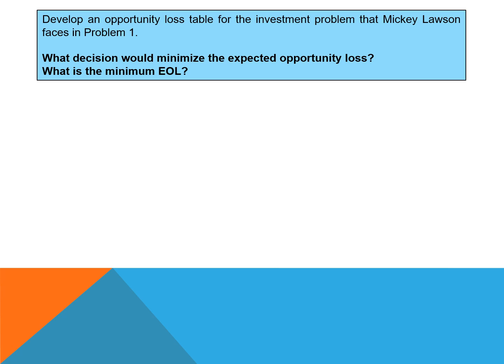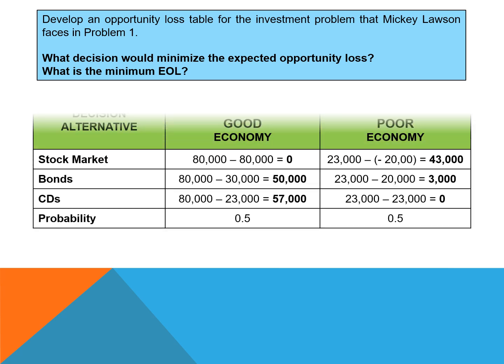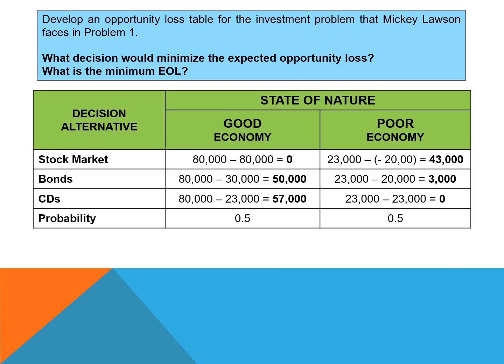For the expected opportunity loss solution, we must first get the so-called table of regret. Here is the table of regret. First, we get the best payoff under each outcome, which in this case, under the good economy outcome, the best payoff is 80,000, and under the poor economy outcome the best payoff is 23,000.